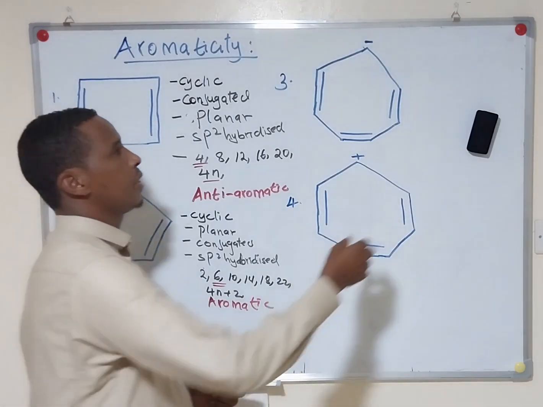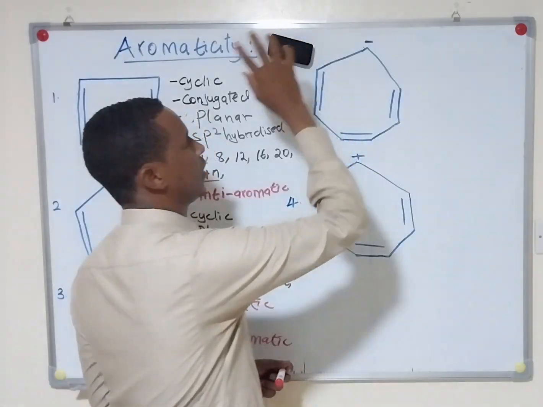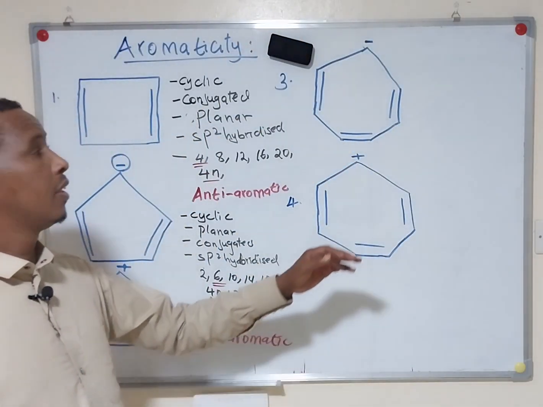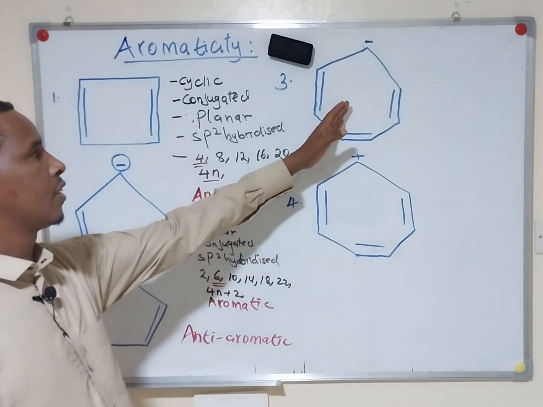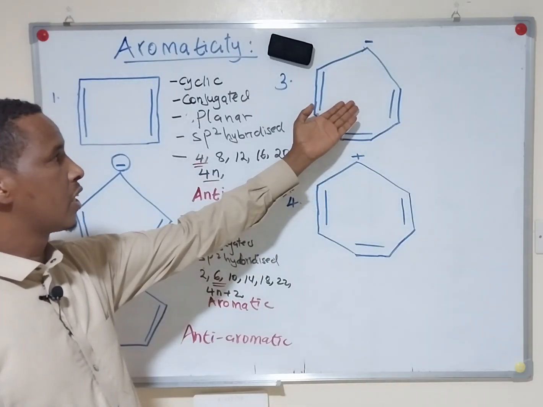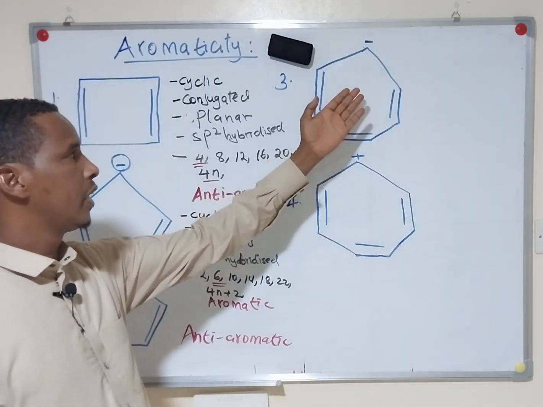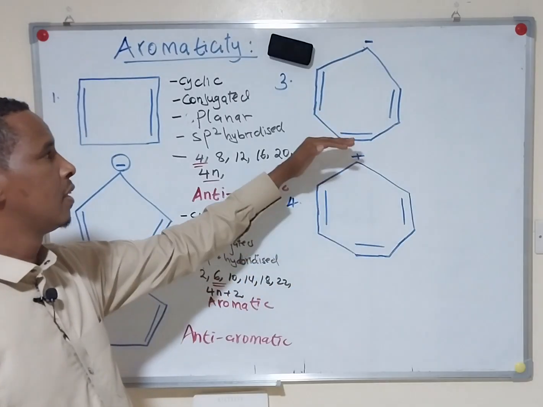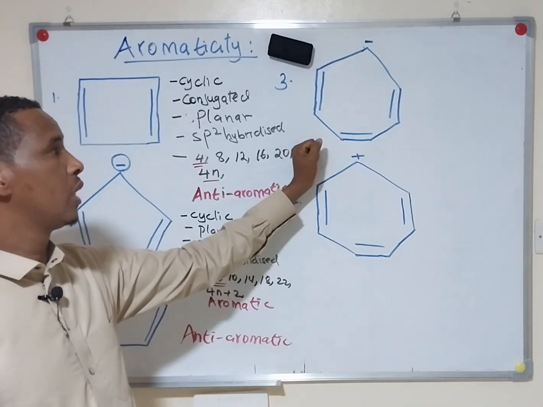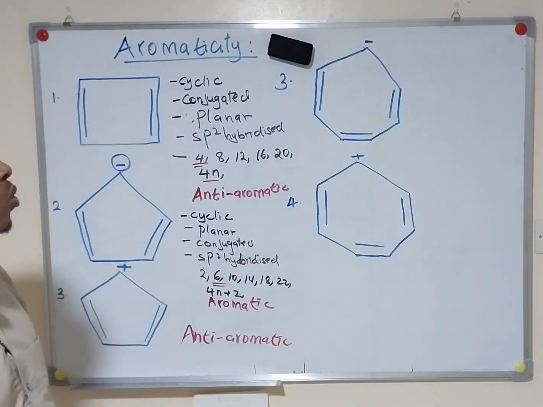And example 3, we have got that structure, and if you look at it, the structure is still planar, cyclic, conjugated, and sp2 hybridized. But we will see whether it follows the 4n rule or the 4n plus 2 rule.